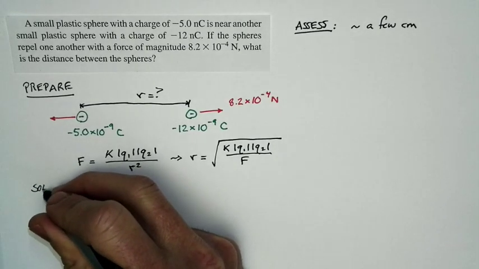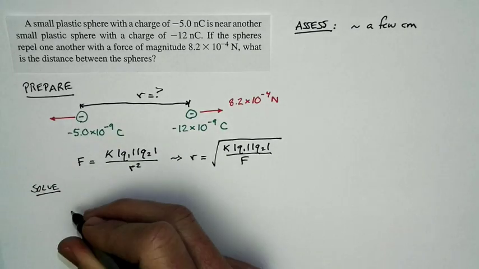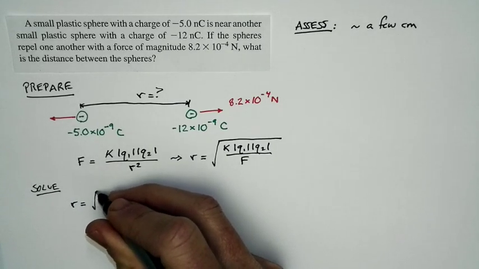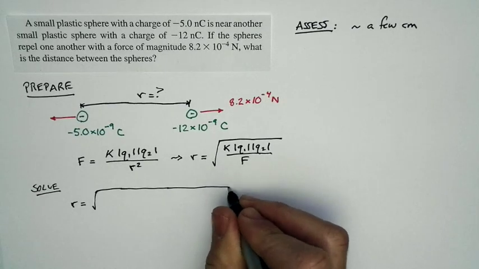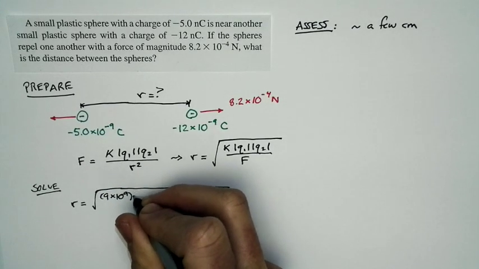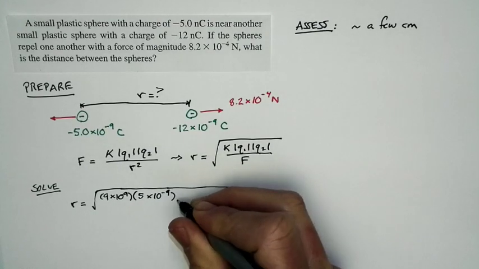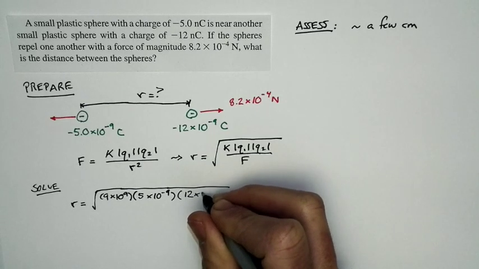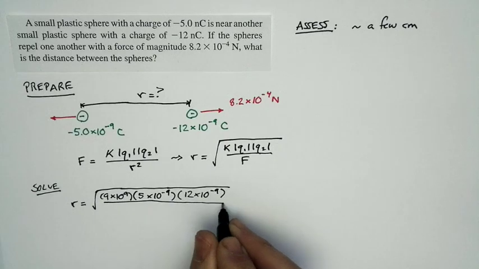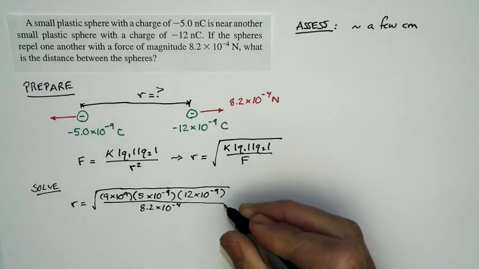Our solution is pretty straightforward. All we do is we take the numbers that we're given and put them into this relationship. So it's the square root of the electrostatic constant, that's 9 times 10 to the ninth, times the magnitude of charge Q1, that's 5 times 10 to the minus ninth, times the magnitude of charge Q2, that's 12 times 10 to the minus ninth, divided by the force, and the magnitude of the force is 8.2 times 10 to the minus fourth newtons.